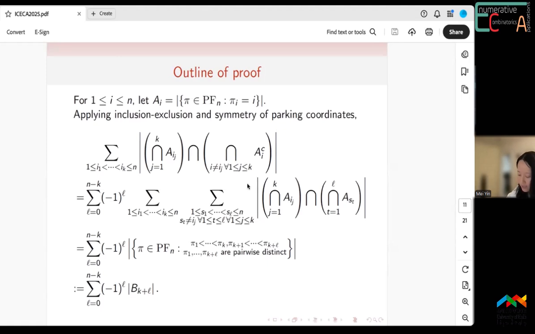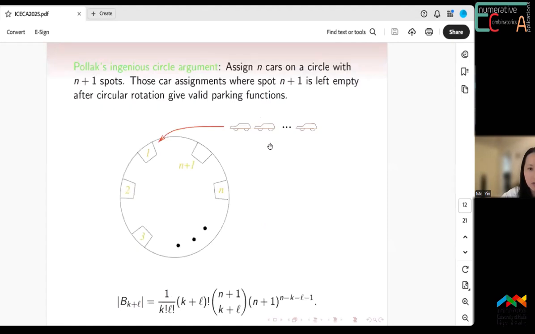And then I give a shorthand notation of the big cardinality. We will then try to count the cardinality of the big thing on the previous slide, and for this, we use Pollak's argument. Pollak's argument was used to prove that the cardinality of parking functions is (n+1)^(n-1).